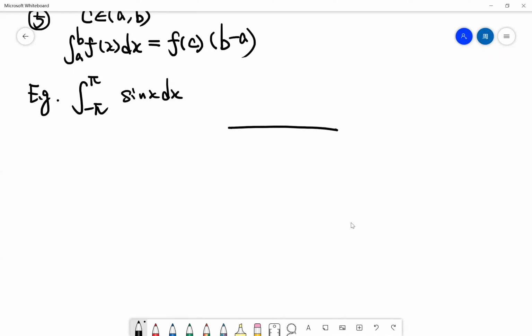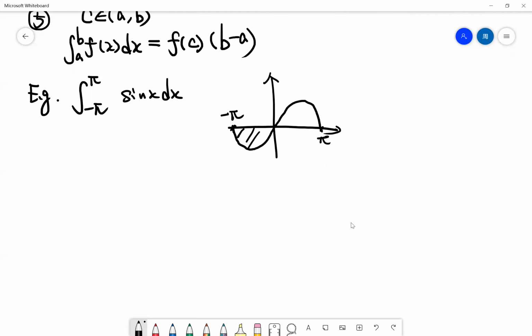So here, you will know that the graph of the function sine x is like this, and here is minus pi, and here is pi. And we know the geometric meaning of this definite integral.